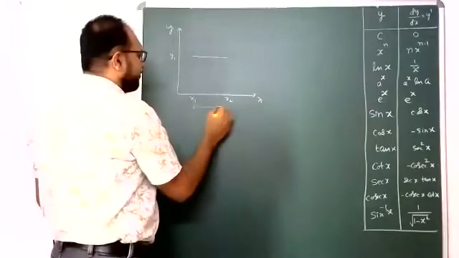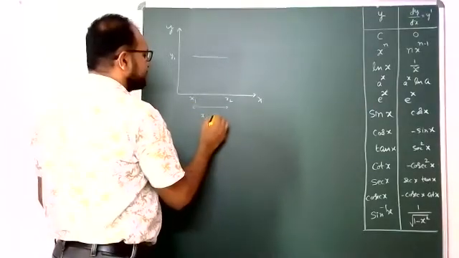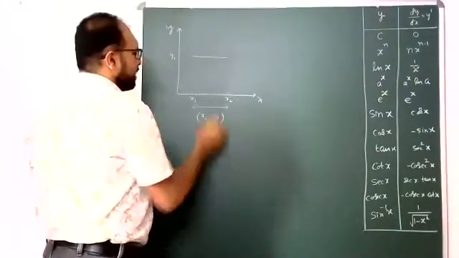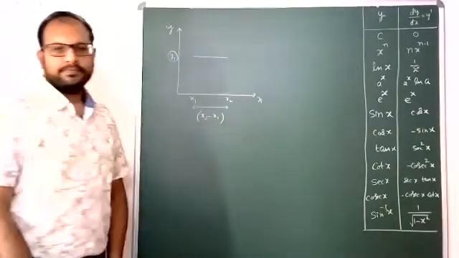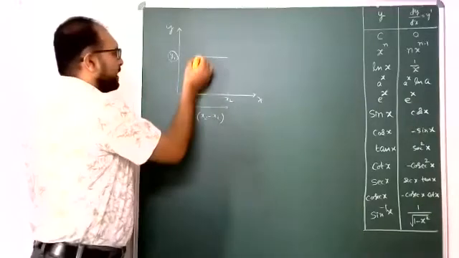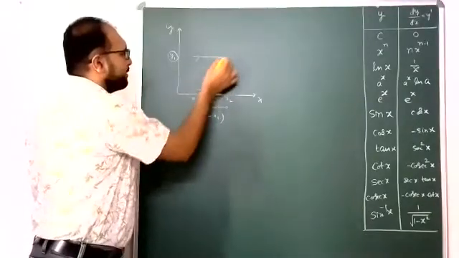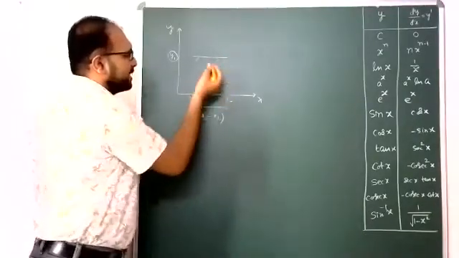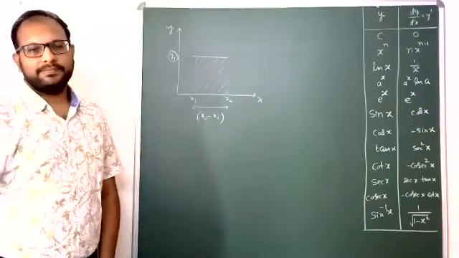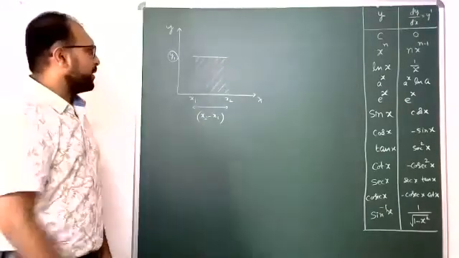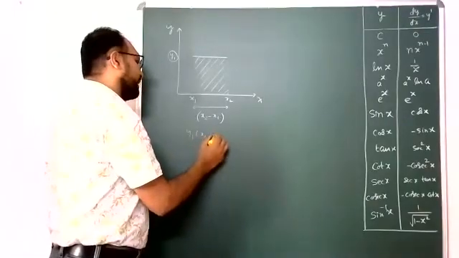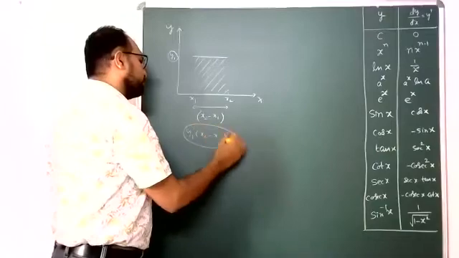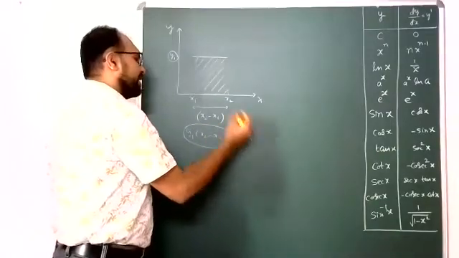From here to here, the difference is x2 minus x1, and from here to here, the height is y1. Students, this region here is nothing but a rectangle. We know the rectangle area: y1 into x2 minus x1 in the present diagram. That is the area.